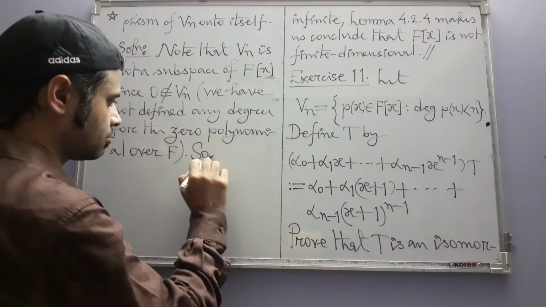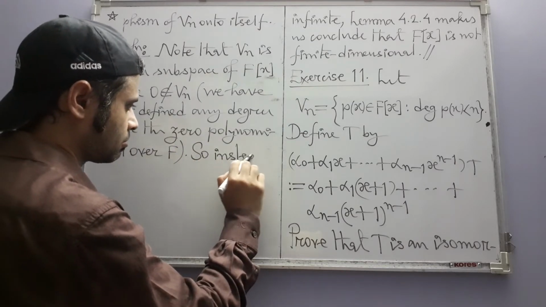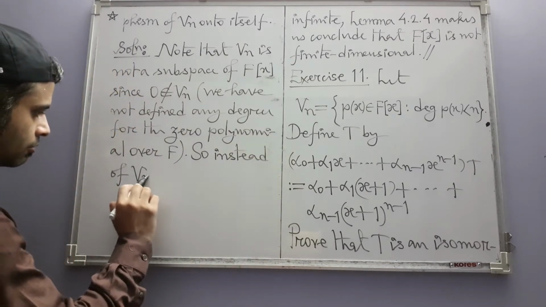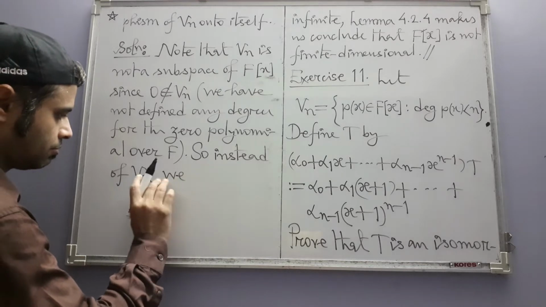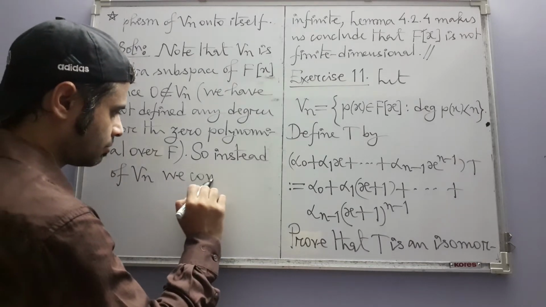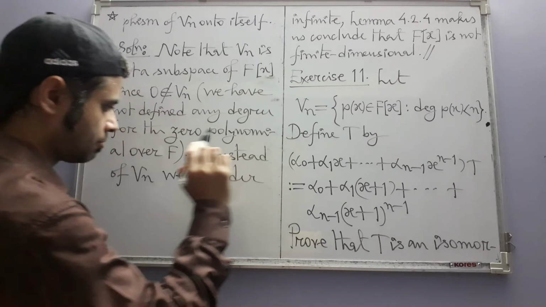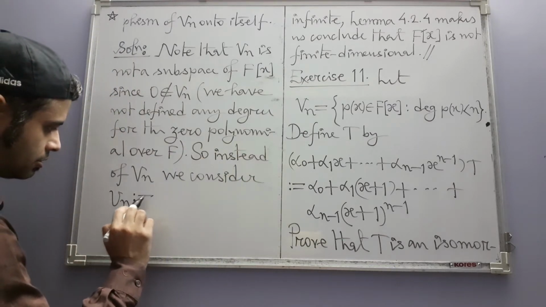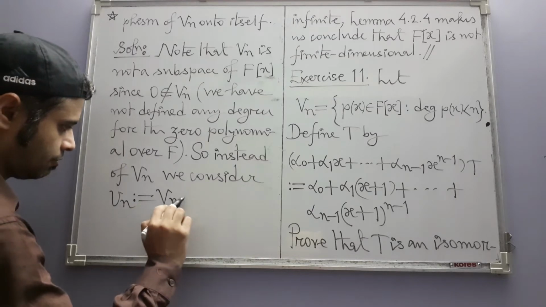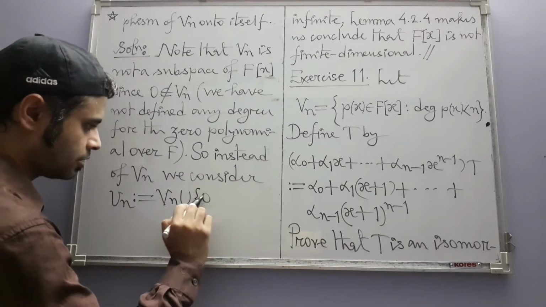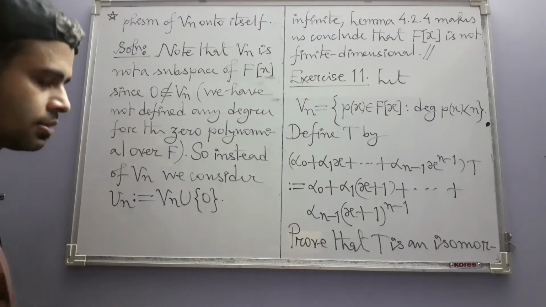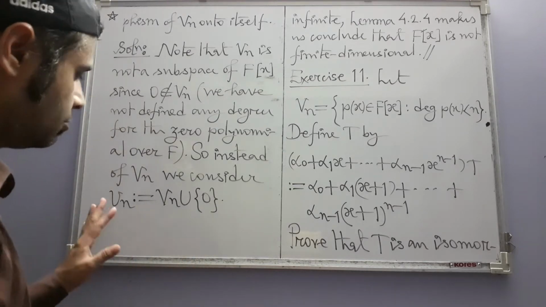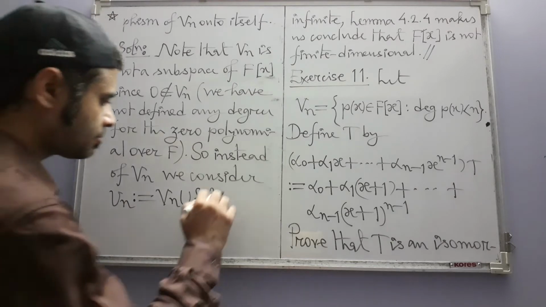So instead of Vn, we consider Un, which is Vn union {0}. 0 is not there, so we consider 0 as an extra thing, and Un will now be a subspace.